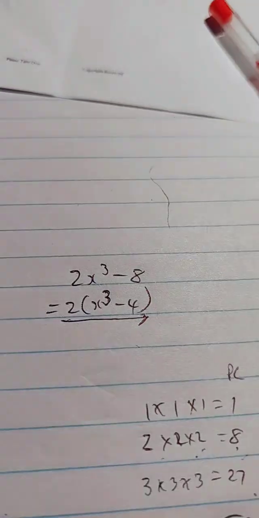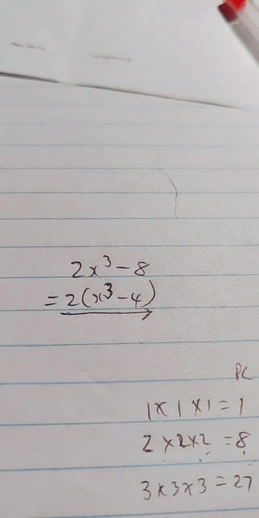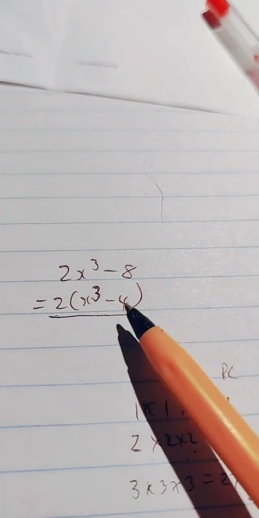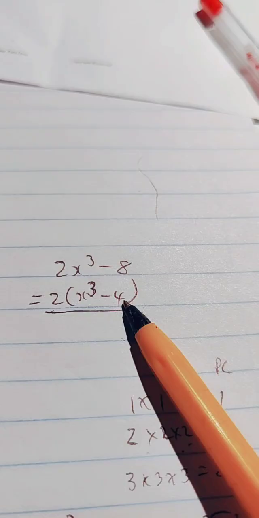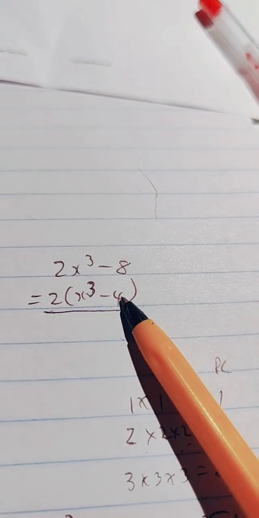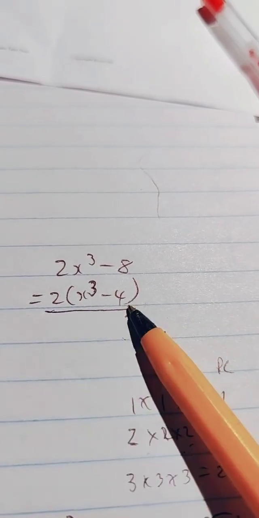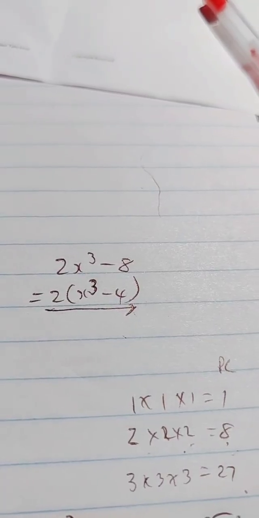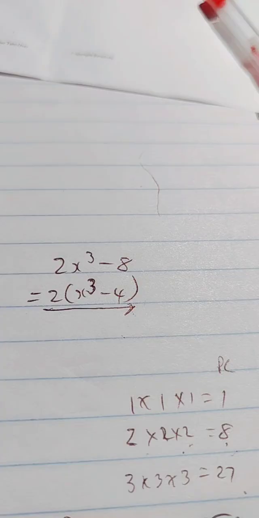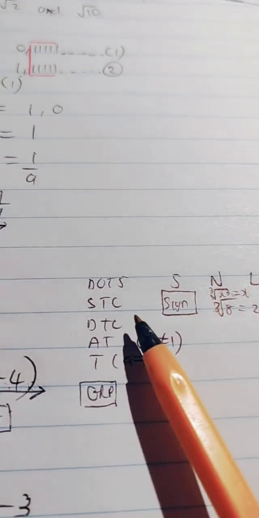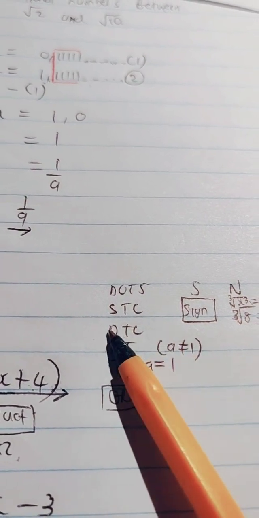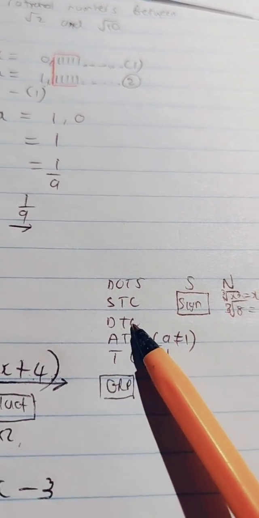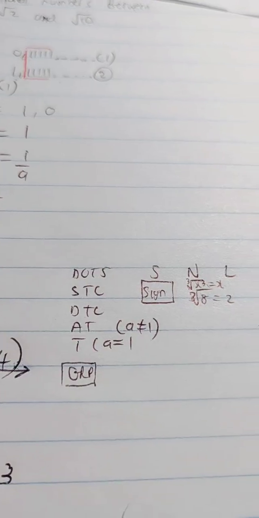So I cannot go further with this factorization, because this one is not a perfect cube. So therefore, I stop there. We only apply the sum of two cubes, STC, or the difference of two cubes, DTC. Okay, maths is nice.